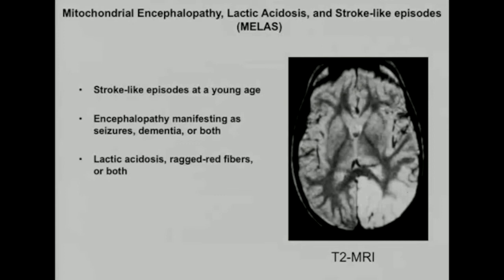And they are different. They're metabolic strokes. We still don't know what causes the strokes or how the mitochondrial DNA mutation causes these particular events, but they're different from your typical vascular strokes due to clots. So Pavlakis won in the end, and they called it stroke-like episodes.